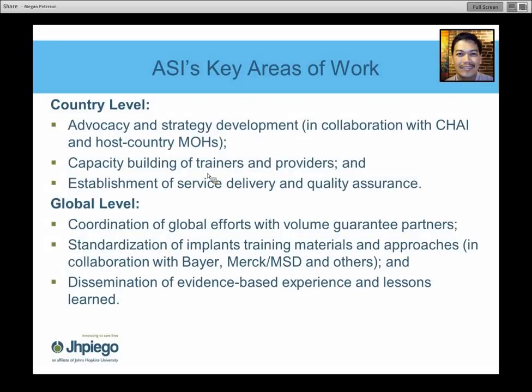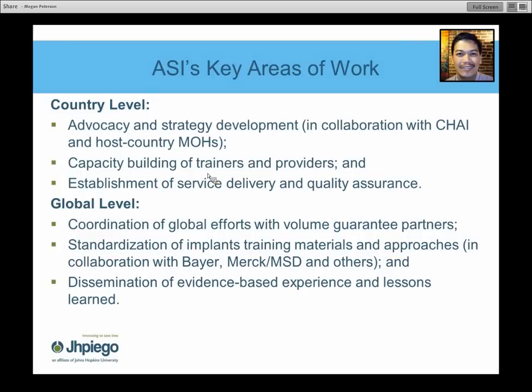And within this context, also supervisors who can provide supportive supervision, and ensuring that the services are provided within high quality family planning services. We also have a global level mission when it comes to accelerating scale-up of implants, which is coordination of global efforts within the volume guarantee partners.